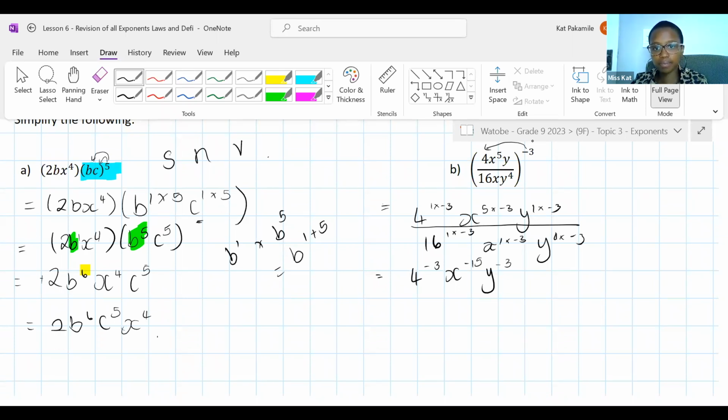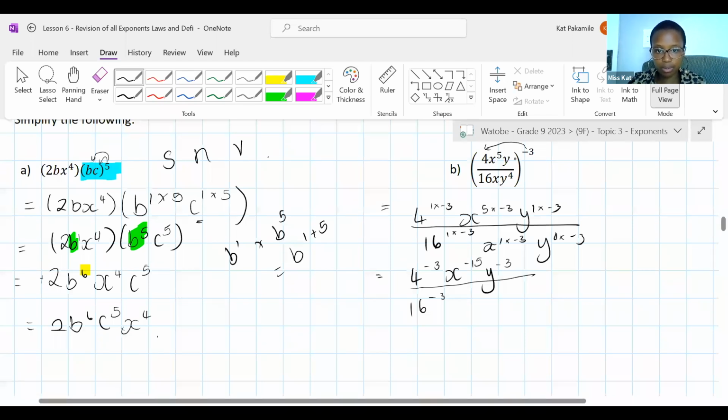Over 1 times -3 is -3. For x, it's also -3. And then for y it's 4 times -3, which is -12.